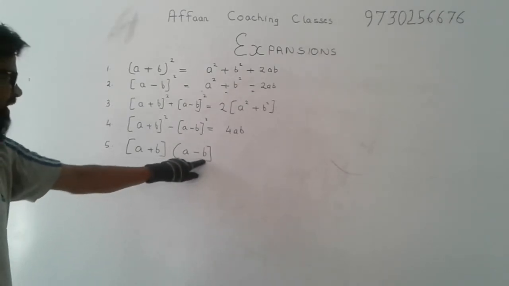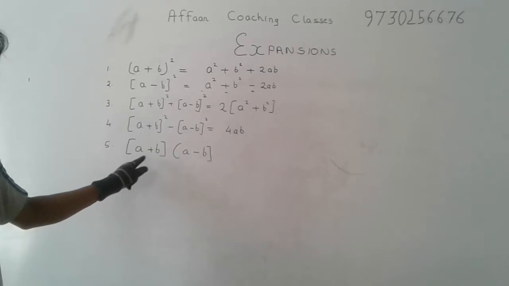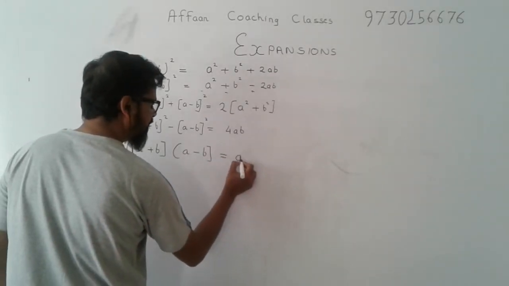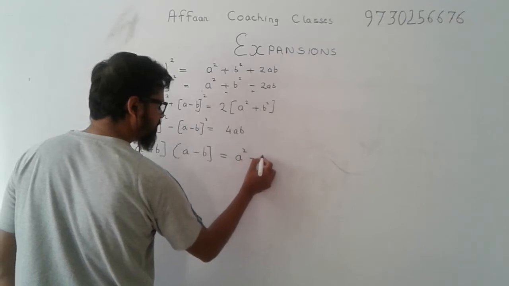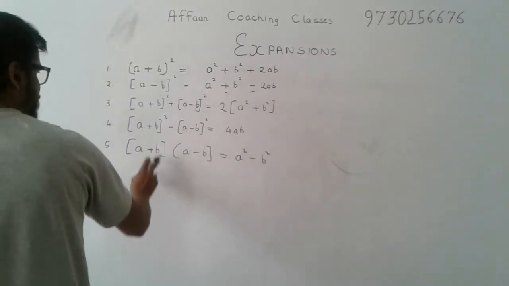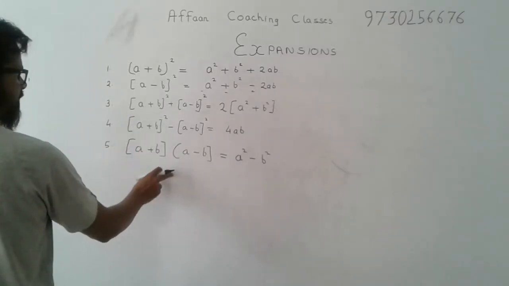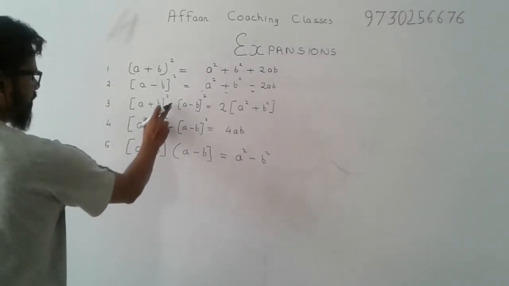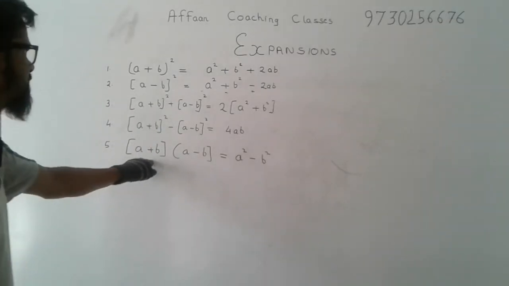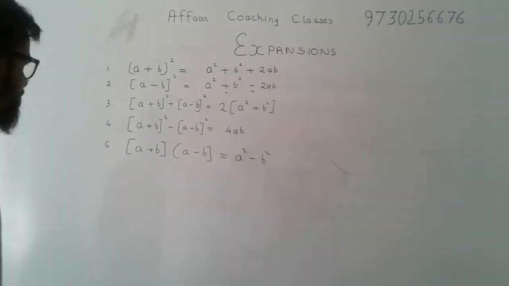The terms are same, the numbers are same, only the signs are different and they are getting multiplied. So for this, the answer is a square minus b square. Clear? Look at the difference in all these things. These are not with squares and you have plus and minus sign in this, and these are with squares. This and this are all different.